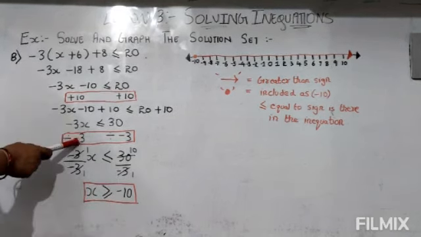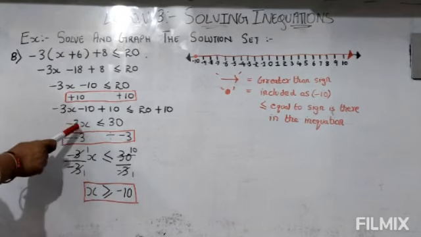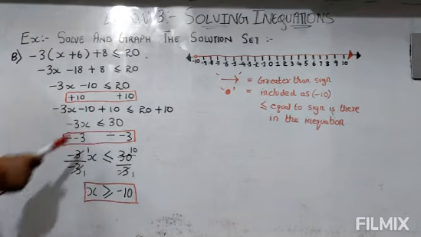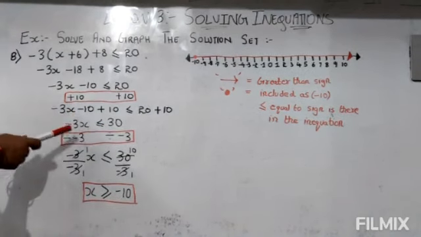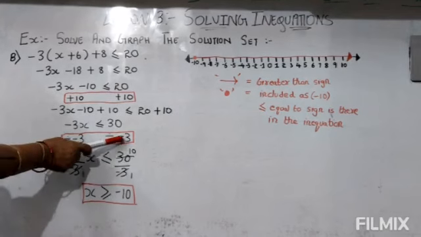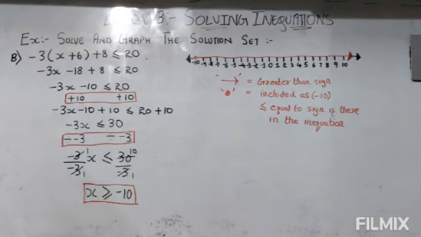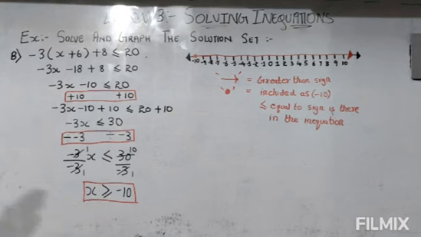Divide by minus on both sides, taking the common number. Which is a common number for 3 and 30? Say it is 3. So minus 3. Divide by minus 3 on both sides.